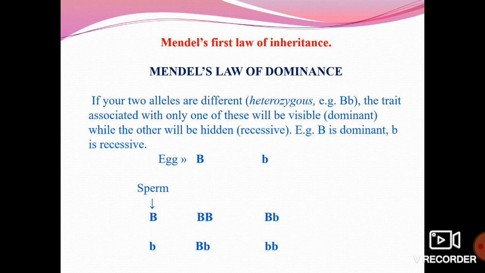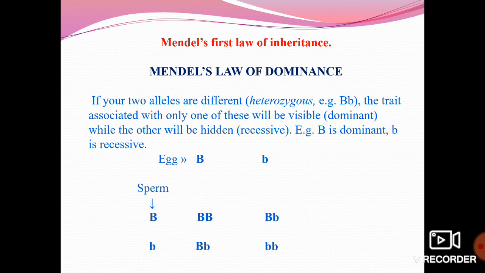When one small t links with a capital T and the other small t goes with another capital T, there is always a capital T dominating the small t. So in the first filial generation, that is the first offspring line, you have offspring which are tall phenotypically, but genotypically they are heterozygous with one capital T and one small t, or you may take it as a capital B and a small b, it doesn't matter.